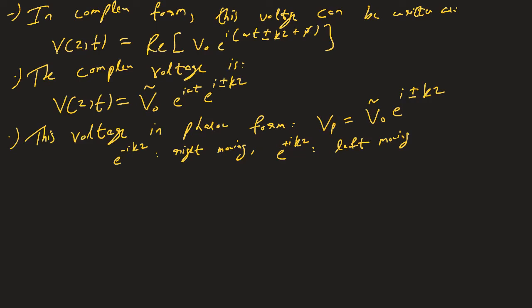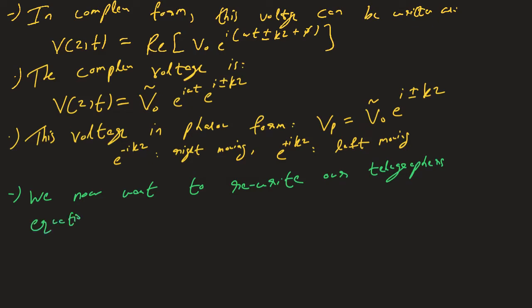And so now what we want to do is rewrite our Telegrapher's equations and our wave equations, for the voltage and current at every point in time and space, in phasor form.